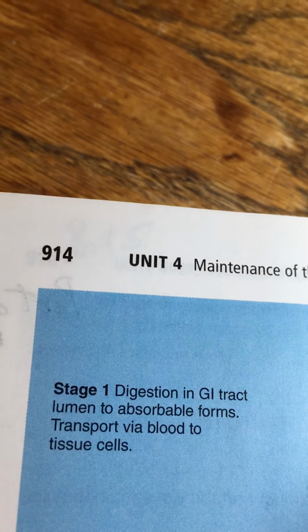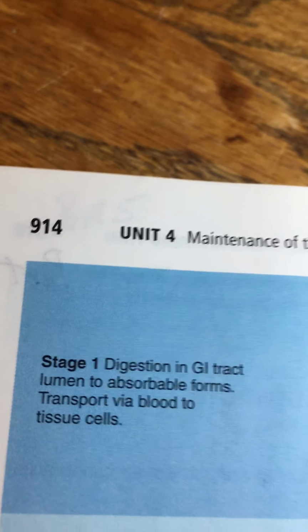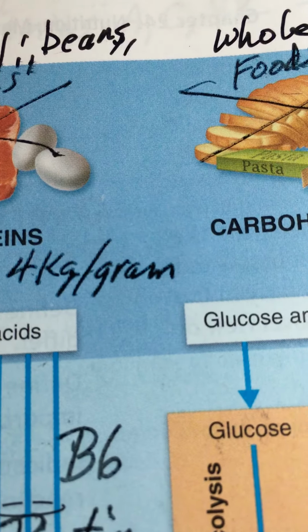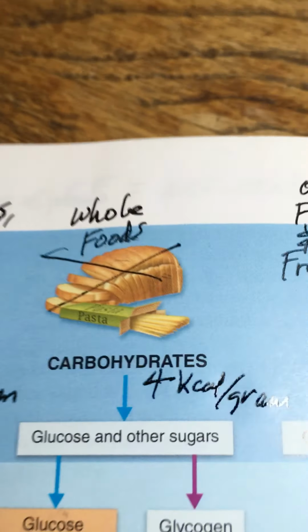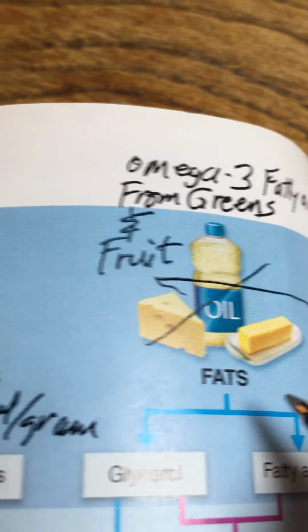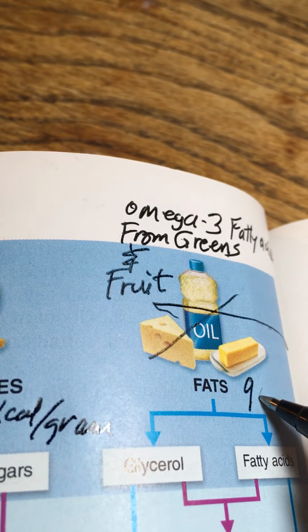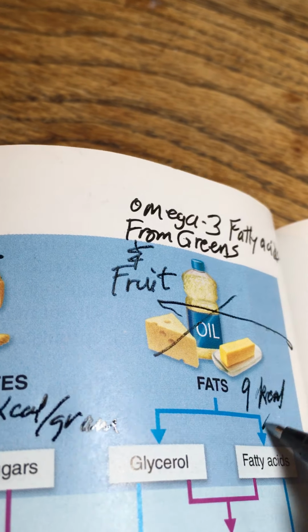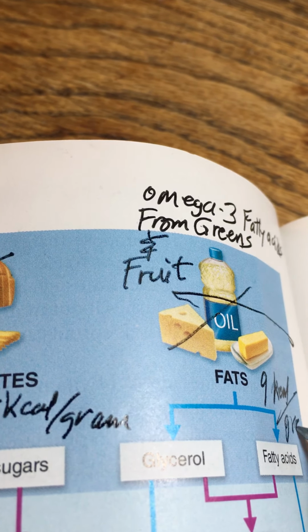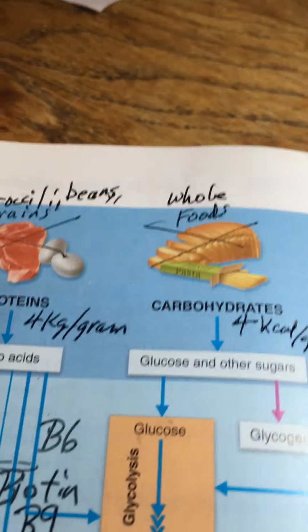Proteins are also 4 kilocalories per gram. Over here we have fat, and fat, or triglycerides, lipid, is actually 9 kilocalories per gram.